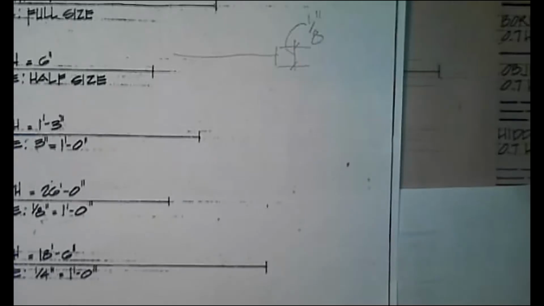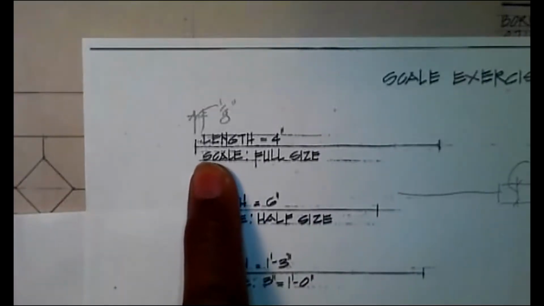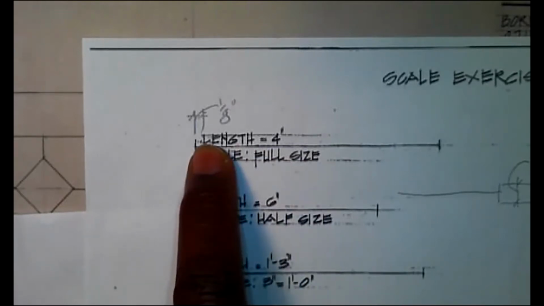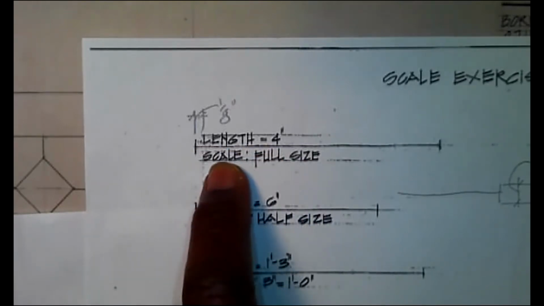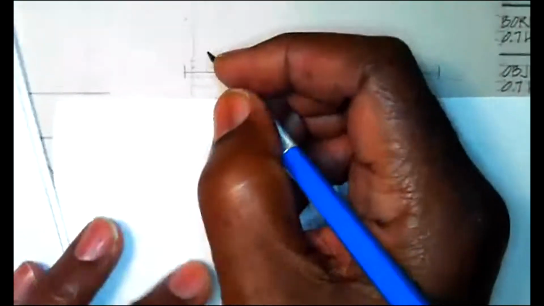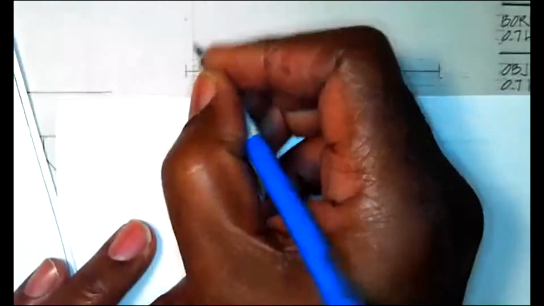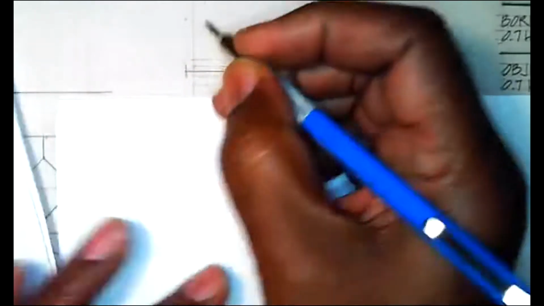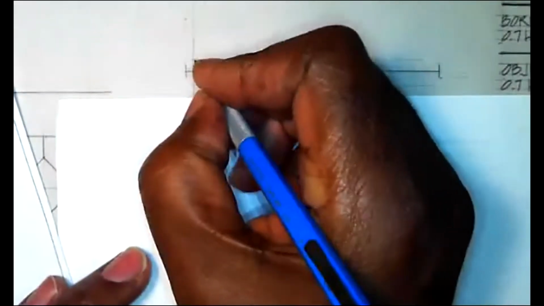So as we are starting the scale exercise, starting to letter, we're just going to be replicating the length and the scale in which the line was drawn, just like it is here. Okay. So we're going to start with our first line. Let me retract this a little bit so I don't break my point.